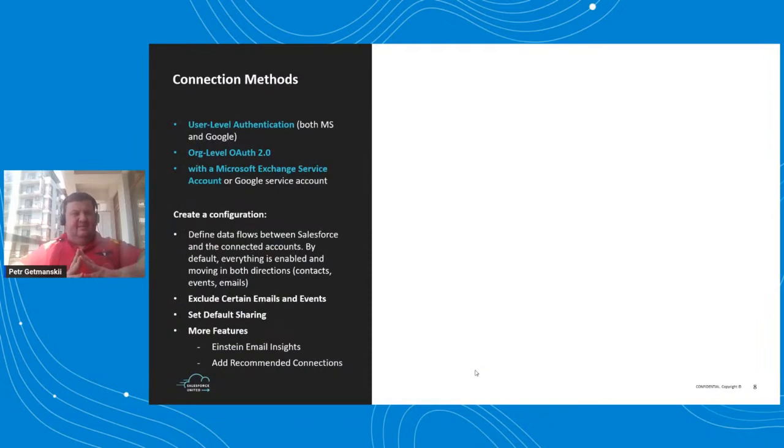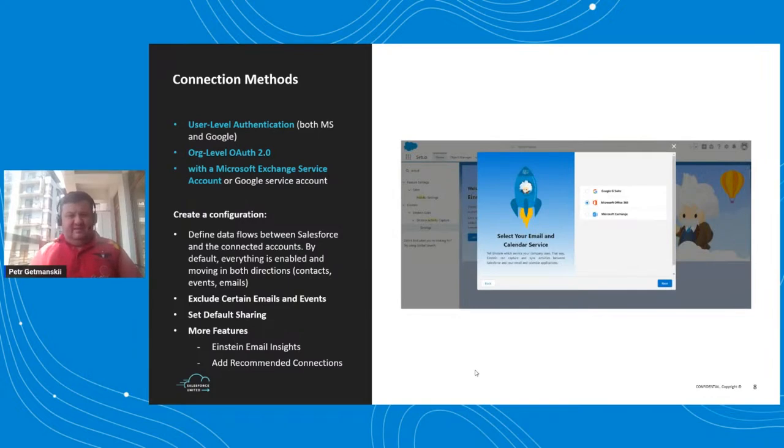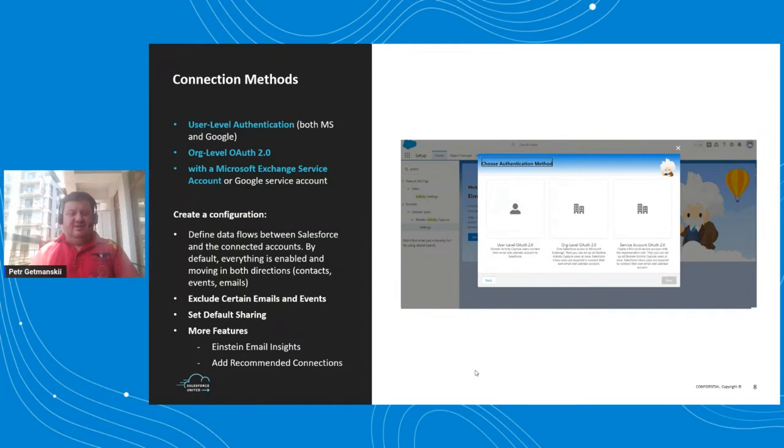Next, a couple of words about admin setup. I have it on the slides because it's already done in the Trailhead Health org. First of all, you need to go to settings and find the Einstein Activity Capture part and choose what type of connection you plan to use. You should also choose your type of authorization. In our case, this is user level.